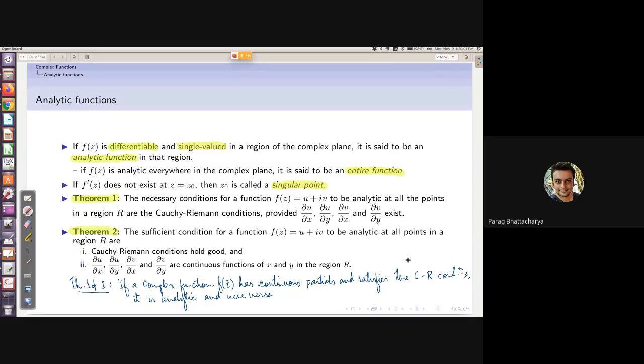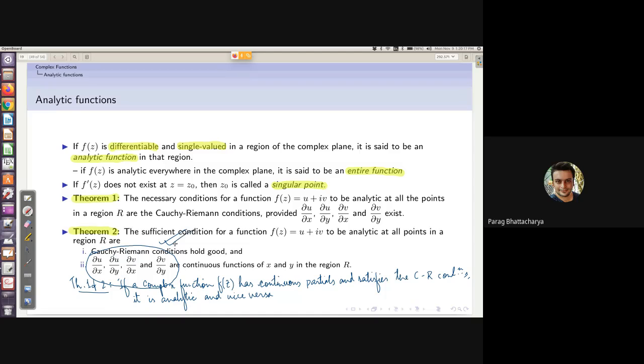So if I give you a function and ask you to check if the function is analytic or not, all you need to do is apply the Cauchy-Riemann conditions. That's all. Or if the function is analytic, then automatically you know that the Cauchy-Riemann conditions will hold good.